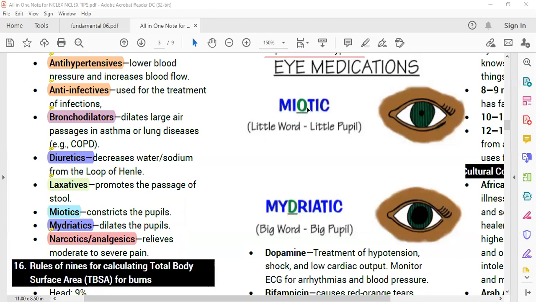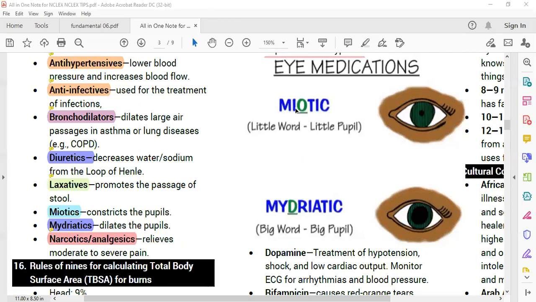Miotics, right? The spelling is M-I-O. They can cause constriction of the pupil. The spelling of constrict, C-O-N. So miotics and constrict, two letter O.